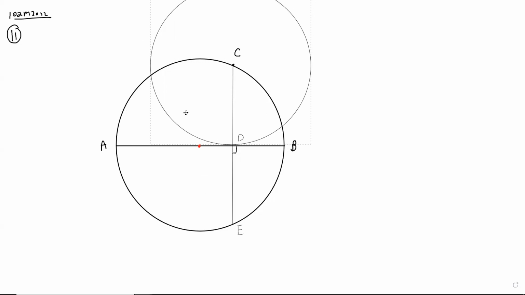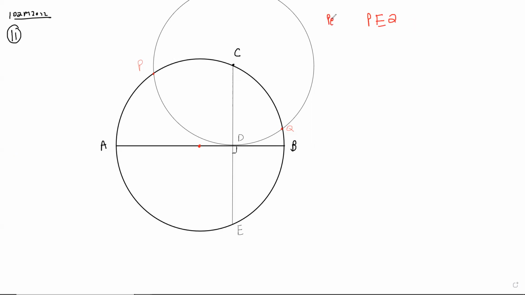So does this look good, accurate? So now we are interested in these 2 points, P, so perimeter, sorry, PQ. Okay.